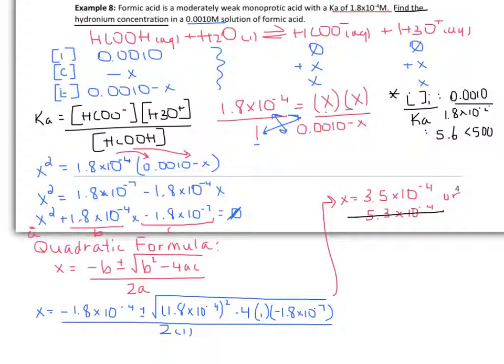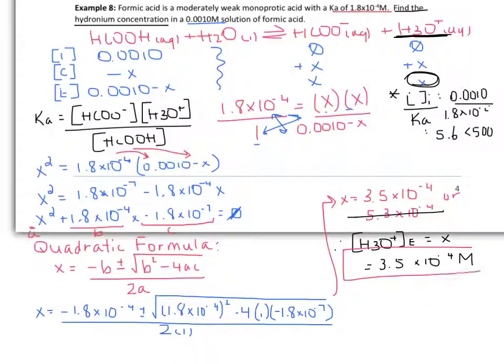We go to our ICE table, we find hydronium, and we notice that we said that the equilibrium concentration for hydronium was x. Therefore, H3O positive, or hydronium, at equilibrium is 3.5 times 10 to the negative 4 molar. That is the final answer for this question.